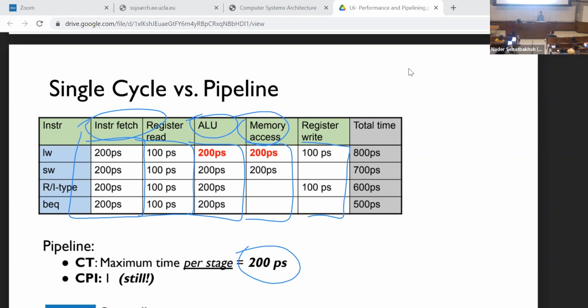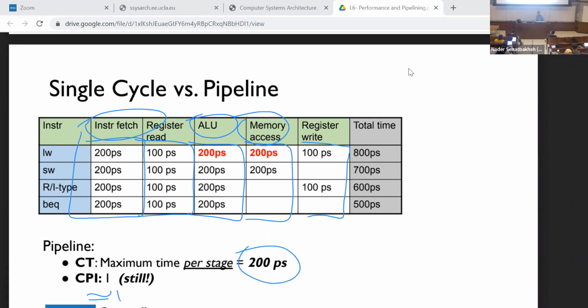But the beauty of pipelining is that, given that we are sending instructions through the pipeline, you always have this overlap. Our CPI is almost equal to 1, and in this course we assume that your CPI is 1. So we don't go with the approximation. We assume that your CPI gets to 1 if you have enough instructions.